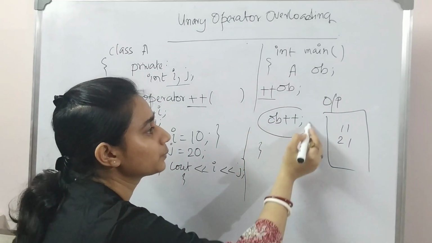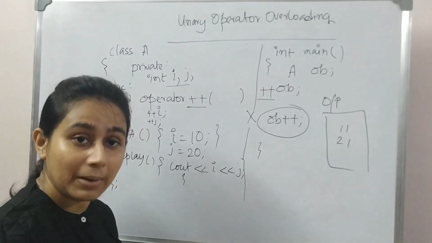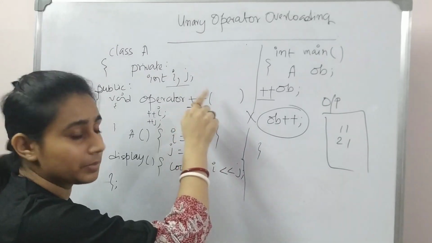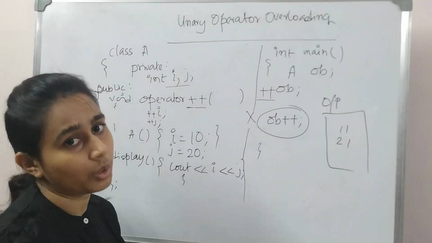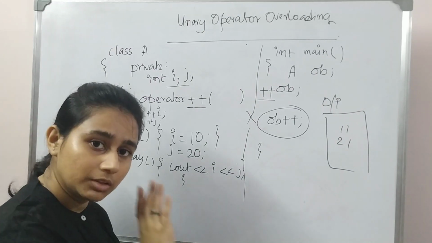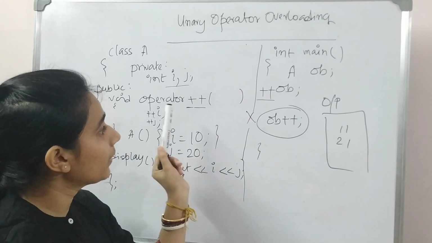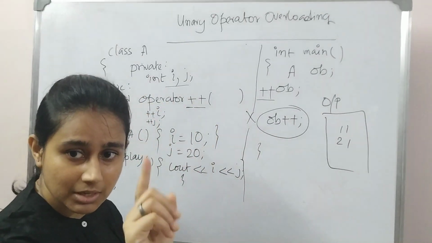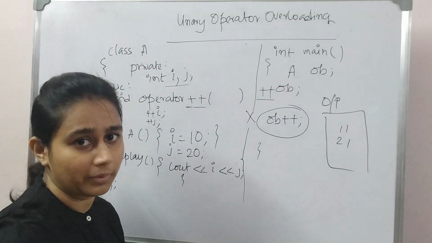No. You will get a compilation error, because this operator, that means the ++ operator, is for pre-increment. Whenever you apply it on an object, the increment operator will be treated as the pre-increment operator.